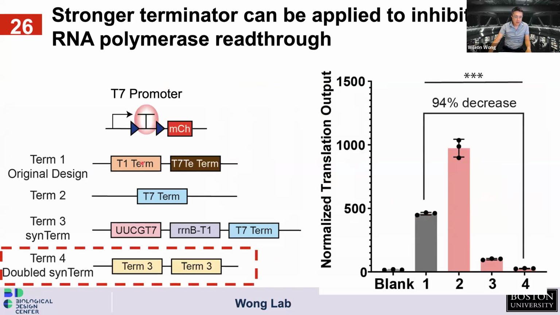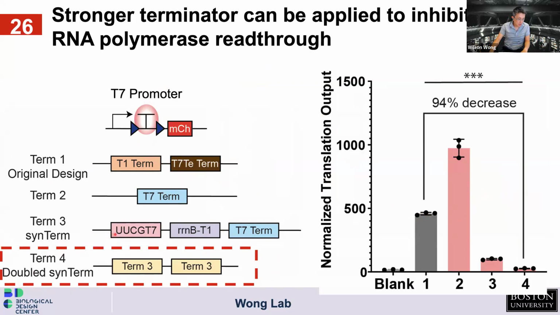Jingyao found that a lot of the transcription termination sequences that people use aren't super strong. They're not really strong enough. But there are known transcription termination sequences people have been optimizing. So ultimately there's this double transcription termination sequence.